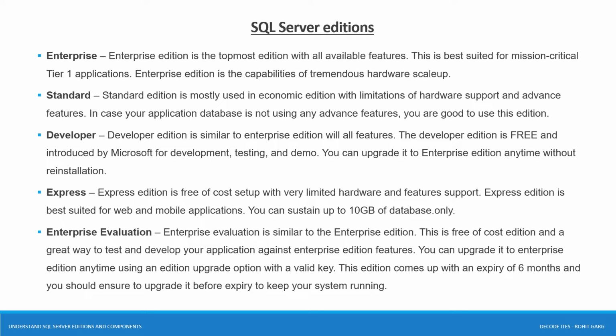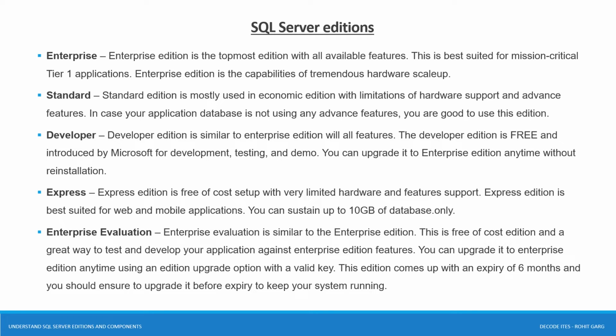The next one is Enterprise Evaluation Edition. This is again similar to Enterprise Edition. This comes free of cost and you need not pay anything for this. This is a great way to test and develop your application against enterprise features. You can upgrade it to Enterprise Edition as and when required with a valid key.